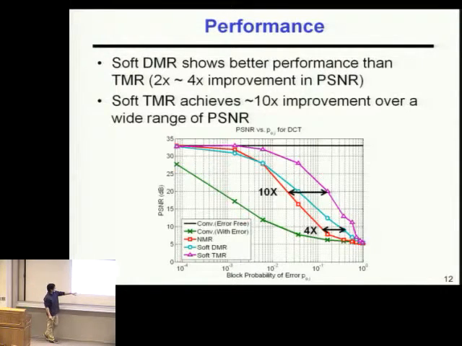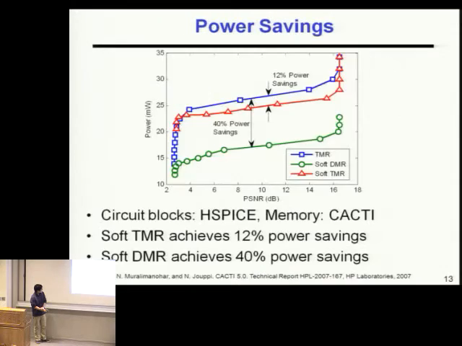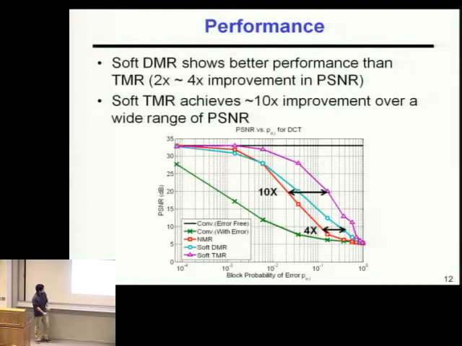So if you plot the probability of error versus PSNR, you can see soft TMR consistently achieves around 10 times better performance than TMR, while soft DMR, even though it has one less replication, achieves up to 2 to 4 times improvement in PSNR. And this can also be translated into power, as the lower supply voltage means power savings.